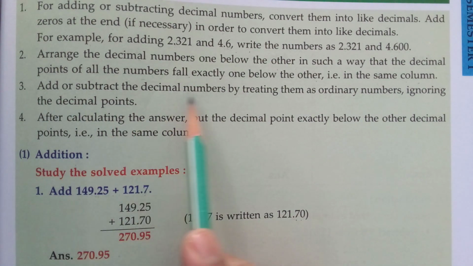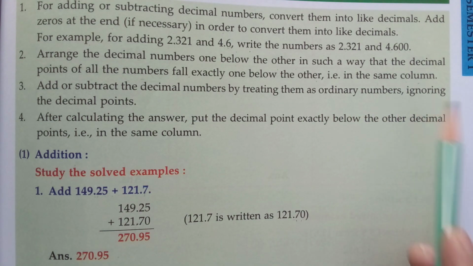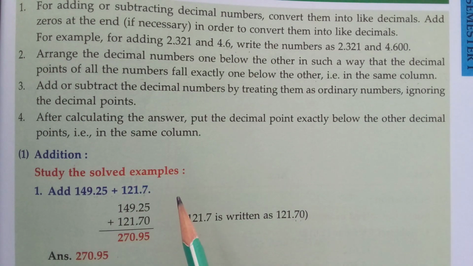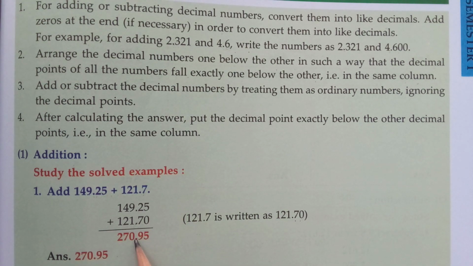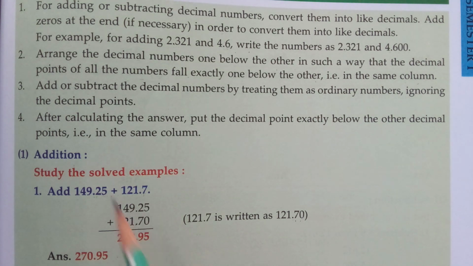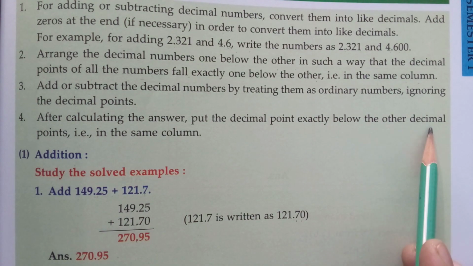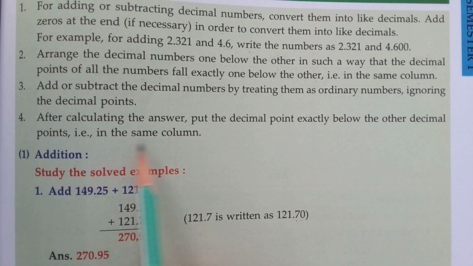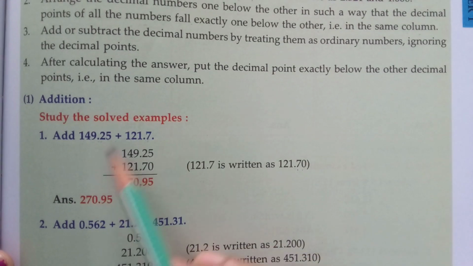Add or subtract the decimal numbers by treating them as ordinary numbers, ignoring the decimal points. Now, you can add or subtract as ordinary numbers. No need to worry about the decimal point. Just you put the decimal point here. After calculating the answer, put the decimal point exactly below the other decimal points, that is in the same column. See how, come here, we will do this sum.